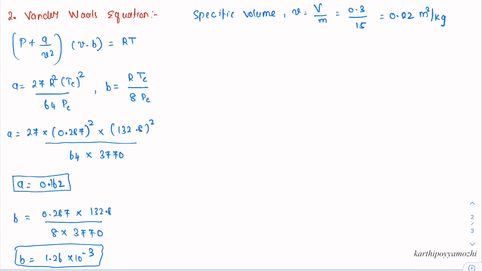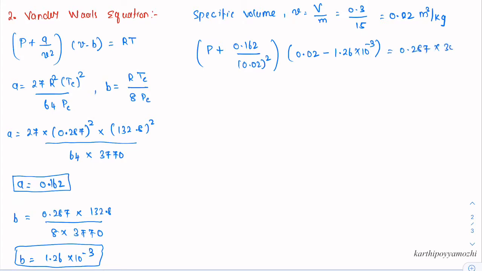On substituting these values in the equation, you will be getting (P + 0.6162/0.02²) into (0.02 − 1.26 into 10 to the power of minus 3) is equal to 0.287 into 303.